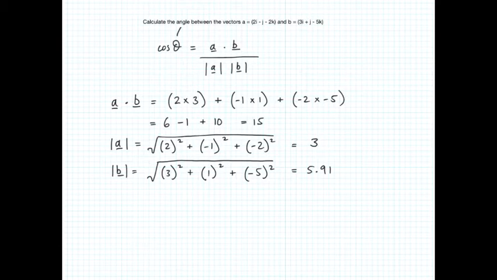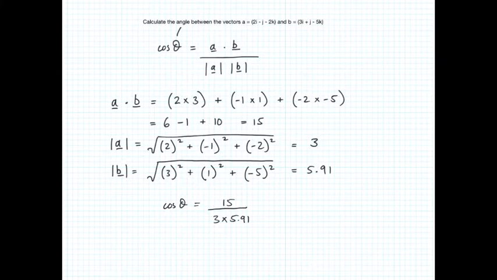So we've now got the 3 bits of information that we need, so we just substitute those in. So we've got cos of theta is A dot B, which is 15, divided through by 3 times 5.91.